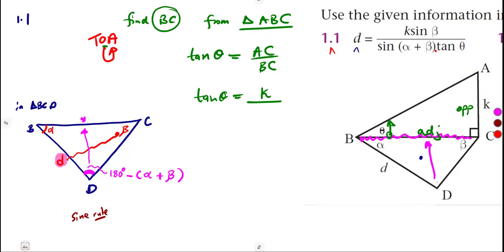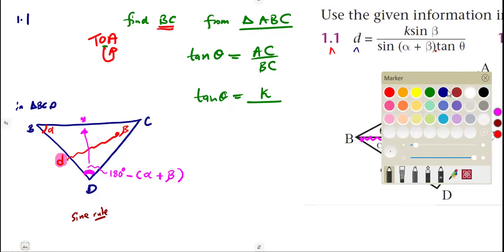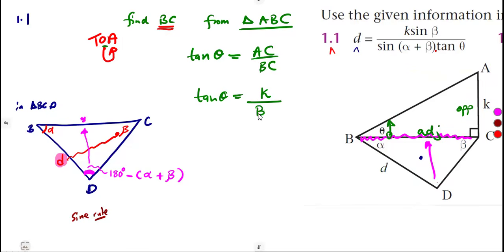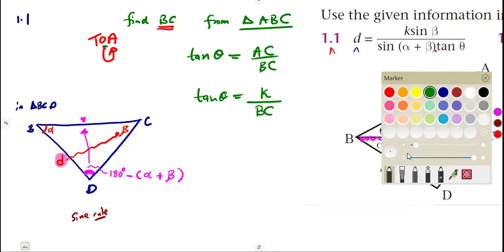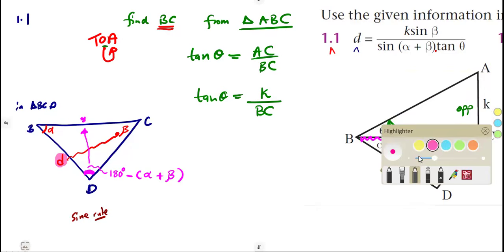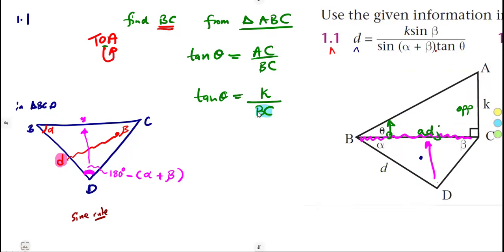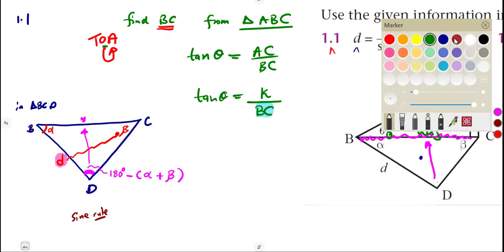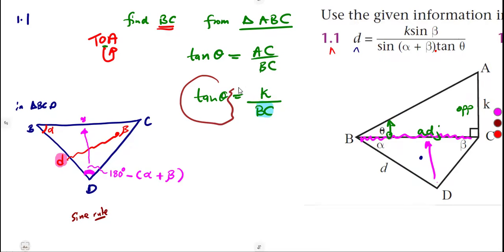BC. Remember, we want to find BC. So it is going to be over BC. So let us find BC. Someone will be asking, how can we find BC? Well, at least we do not have numbers for theta and K. We are to find BC in terms of the given symbols or the letters that we are given, in terms of K and in terms of theta.